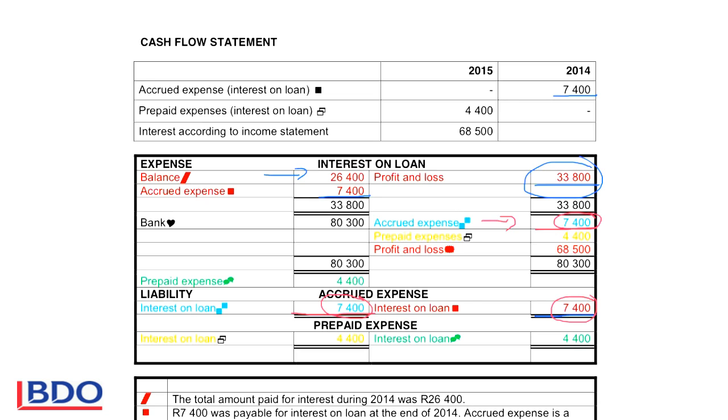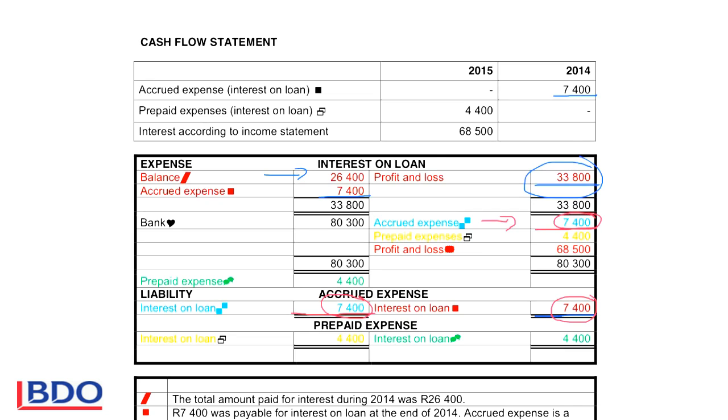At the end of 2015, we see that there's a prepaid expense of 4,400. Now, in 2015, they don't tell us how much money we paid, and we have to calculate that by balancing.